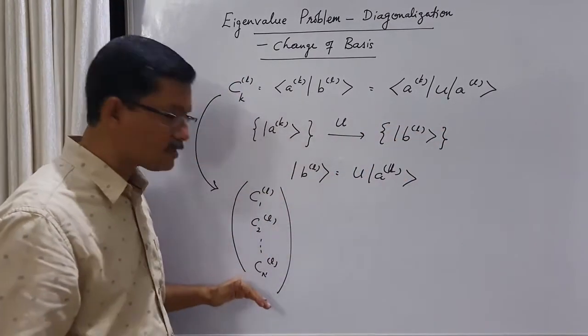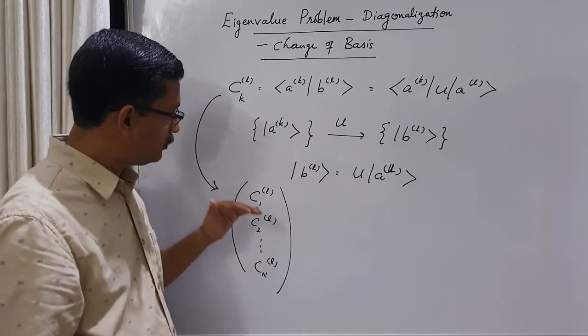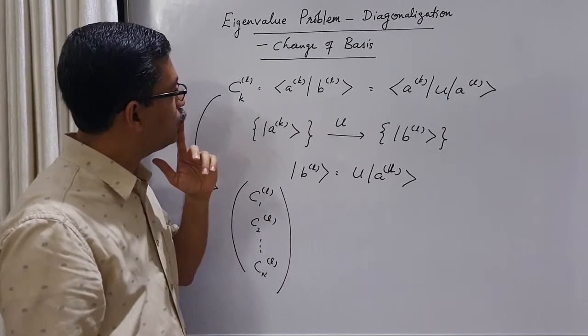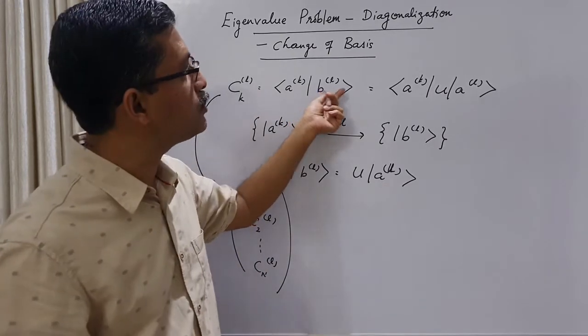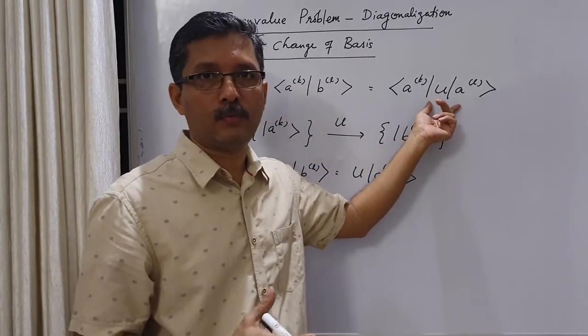So it's exactly this. The point is that the Lth eigenvector of operator B constitutes the Lth column of U.